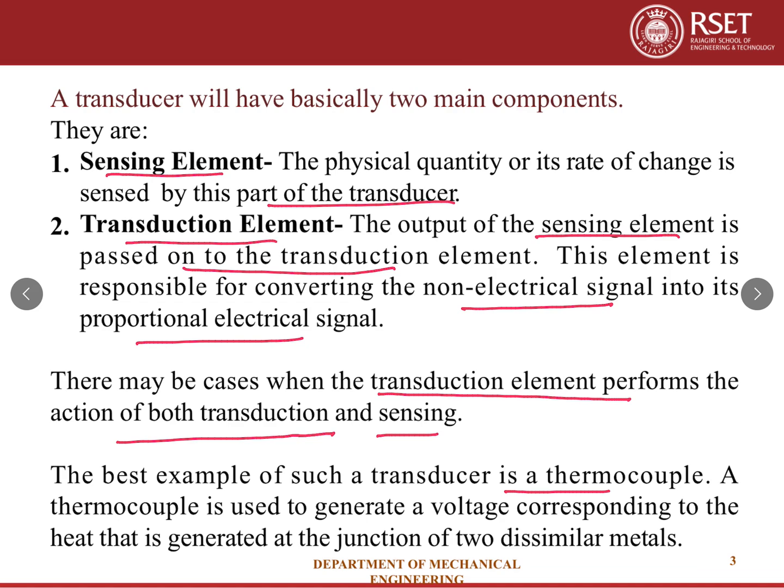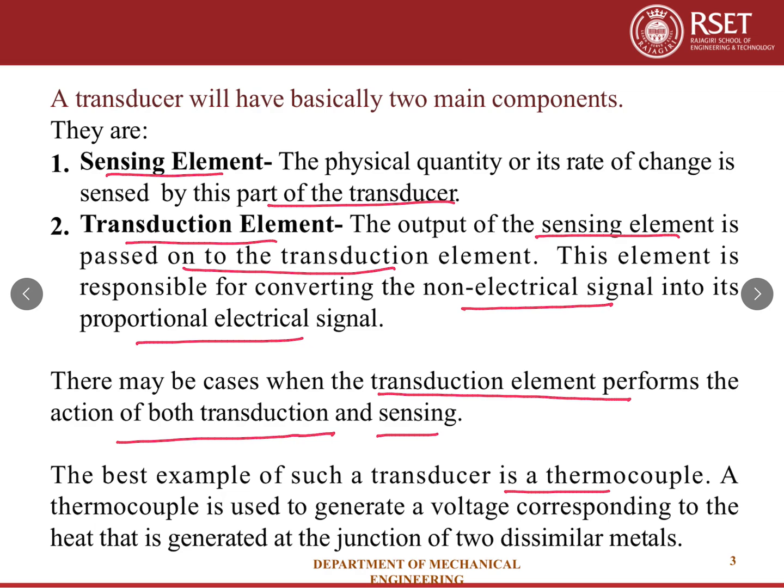Example, a thermocouple, where we have two junctions, a hot junction and a cold junction. One of the junctions is kept at a reference temperature, and the other one is kept in contact with the body whose temperature is to be measured. And we have a voltmeter that is used to measure the voltage generated.